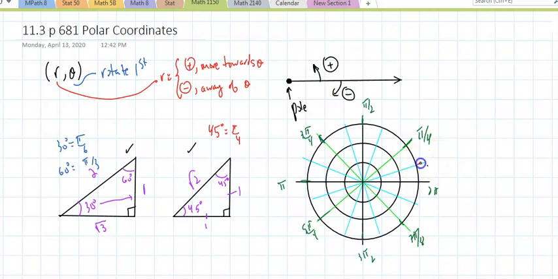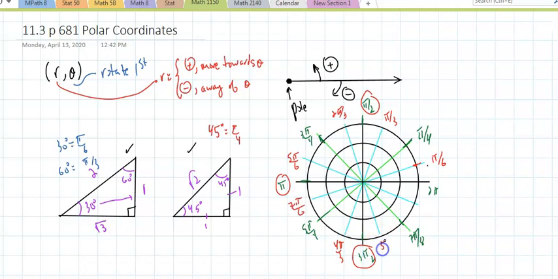If I run through the sixths and say that is pi over 6, this is 2 pi over 6 reduced, 3 pi over 6, 4 pi over 6 reduced, 5 pi over 6, 6 pi over 6, 7 pi over 6, 8 pi over 6 reduced, 9 pi over 6, 10 pi over 6 reduced, 11 pi over 6, and 12 pi over 6 reduced.